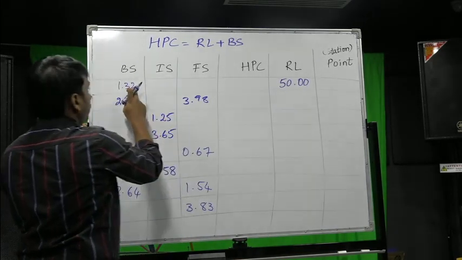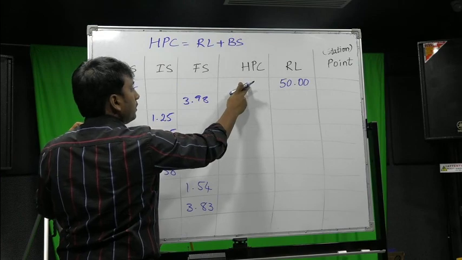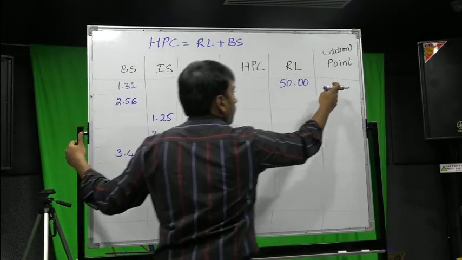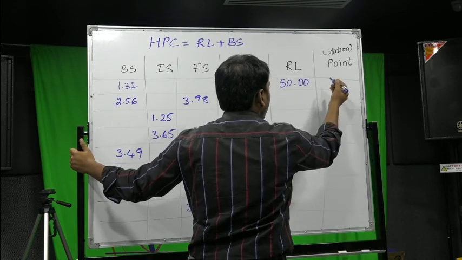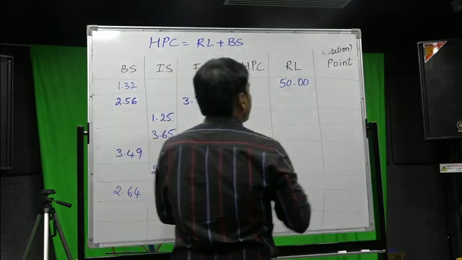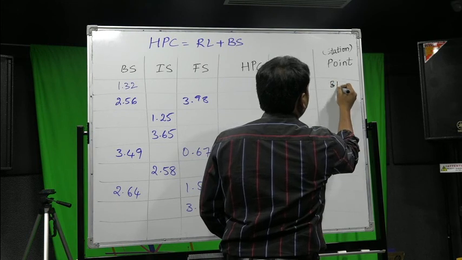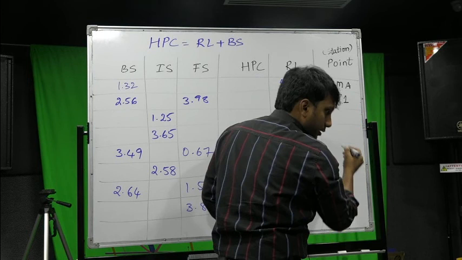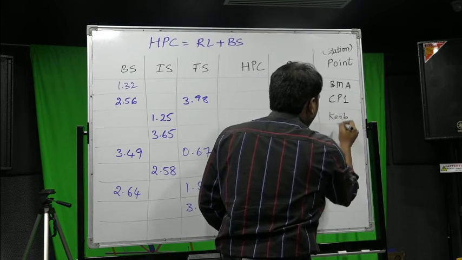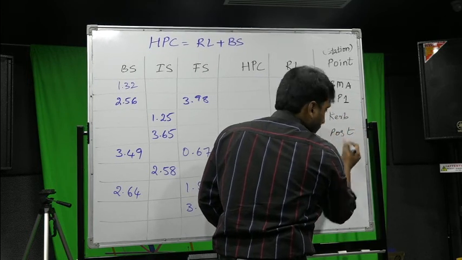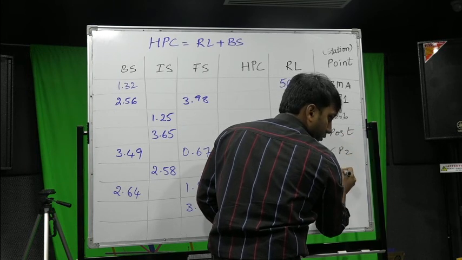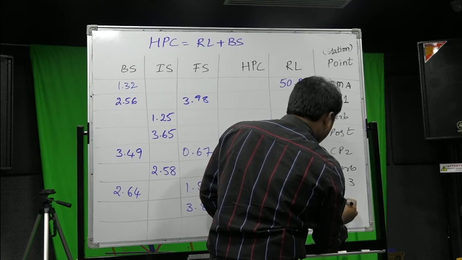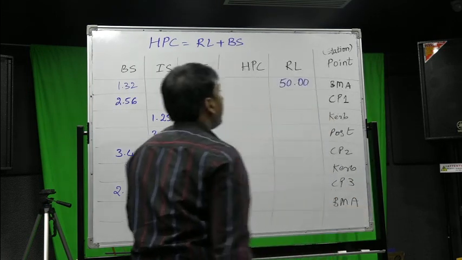You have RL here, you have backsight here, you need to calculate the height of plane collimation. So you can write the points here: the first point is BM A and second is CP1, then curb, post, CP2, curb, CP3, and it ends at benchmark A again.